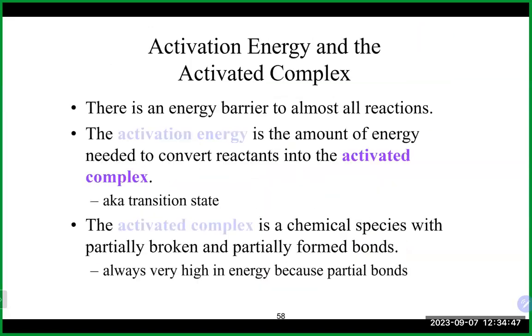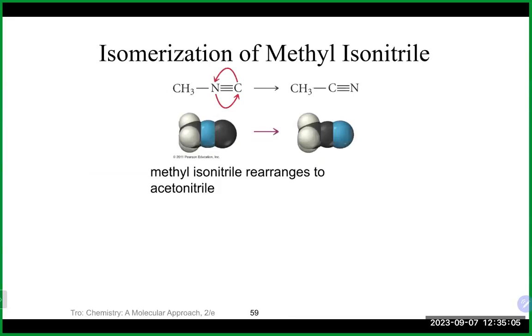So when we look at this, as we've been talking about, there's that energy barrier, which is that activation energy. And at the very top of it is where we find that intermediate that has partially made bonds and partially broken bonds. For example, if we look at this molecule, which is just rearranging itself, we're rearranging the carbon and the nitrogen in this isomerization.